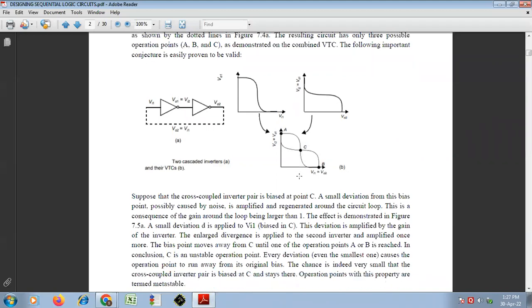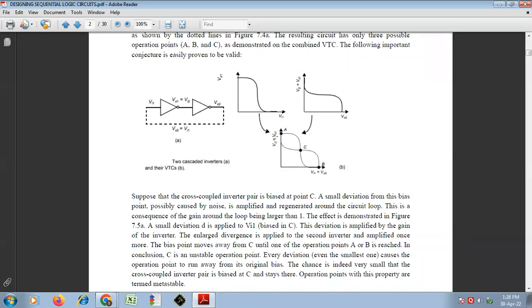This C will move towards either A or B, until it settles at either A or B, so C is the unstable operating point. Every deviation, even the smallest one, causes the operating point to run away from its original bias. And the chance is indeed very small that the cross-coupled inverter pair is biased at C and stays there.